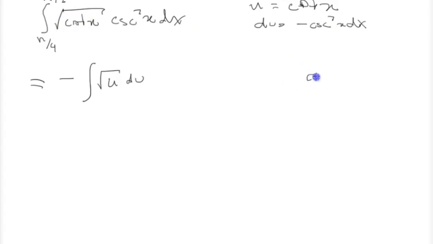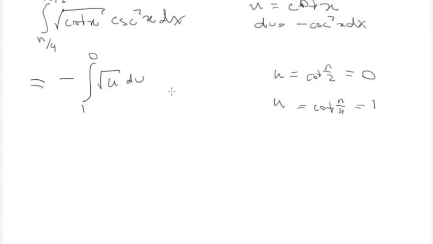When x is pi over 2, we've got cotangent pi over 2, and that's what u is going to be equal to. And cotangent of pi over 2 is 0, so we can put 0 up there. And then what is u going to be when x is pi over 4? Well, u is going to be equal to cotangent of pi over 4, and cotangent of pi over 4 is 1, so we can put a 1 down here in the bottom.